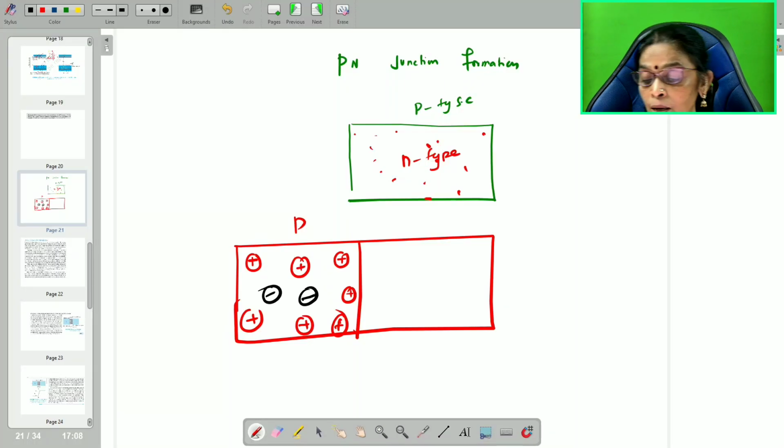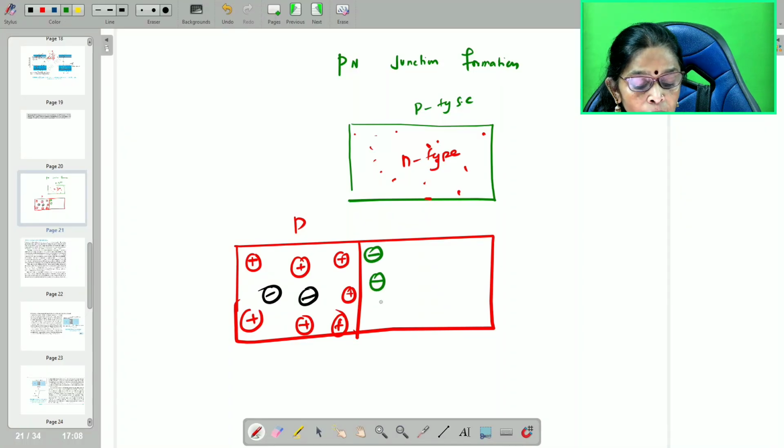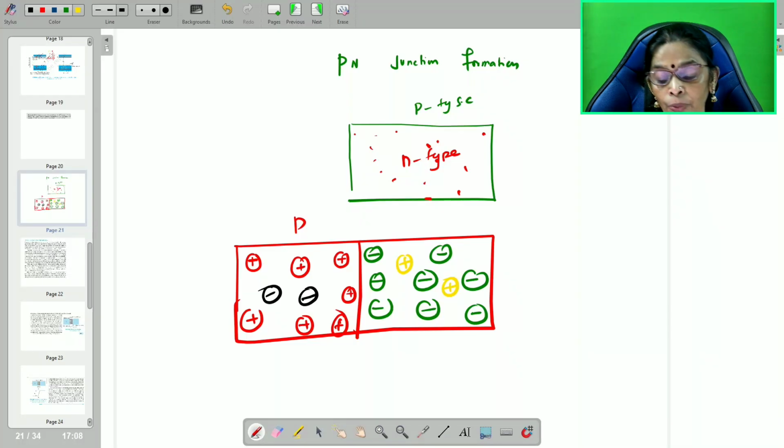Do you understand? But at the same time, if you take n-type, an excess number of electrons is present. Do you mean to say that there are no holes? No, there are holes, which are lesser in number. Now what is happening? There are two processes taking place.